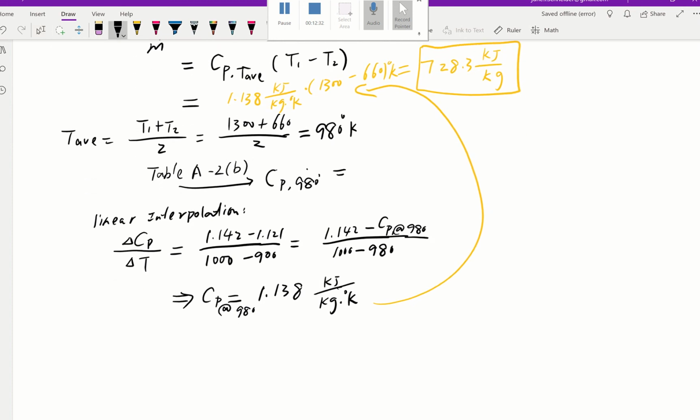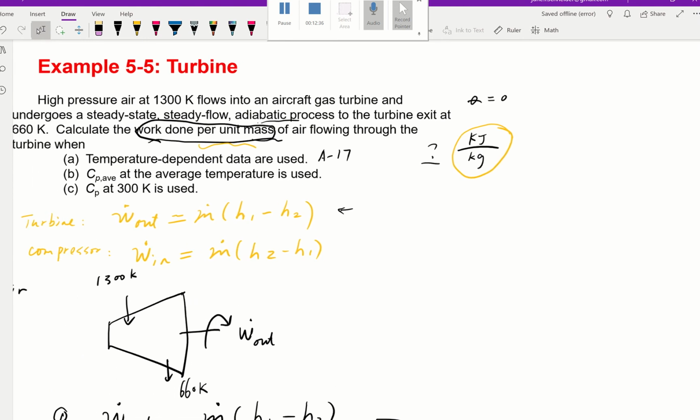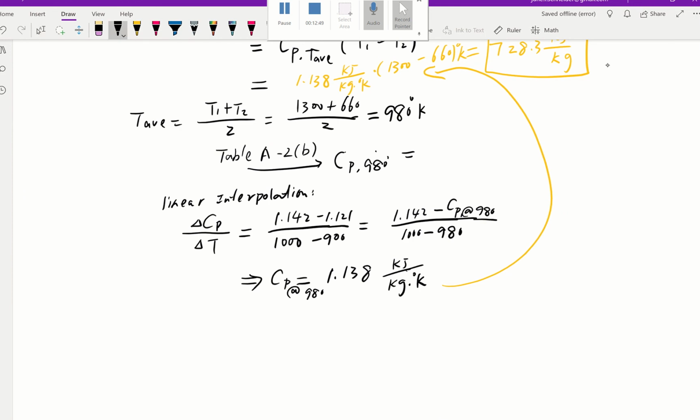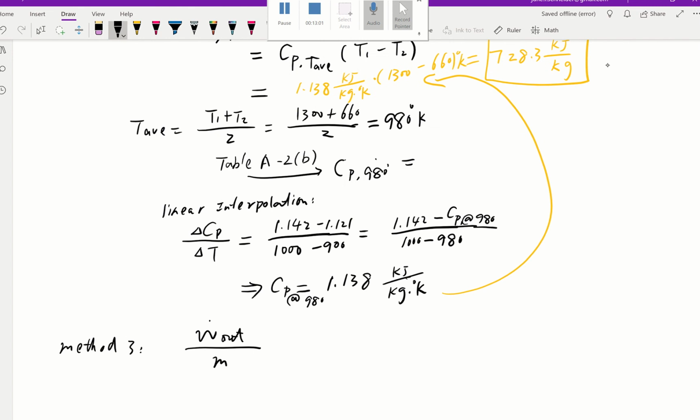All right, what's the last method they want us to use? They said we did the first one, table A17, using the ideal gas table, and we also used the average. Now the last one is 300. So method number 3. We still have work out over mass flow rate out.